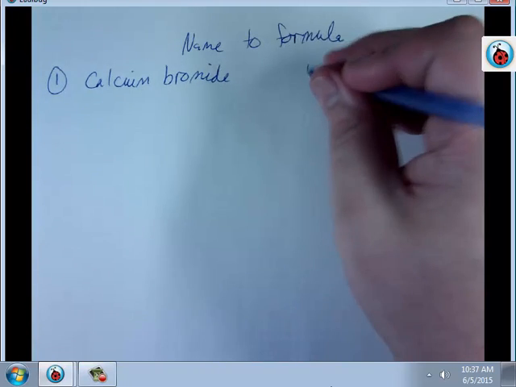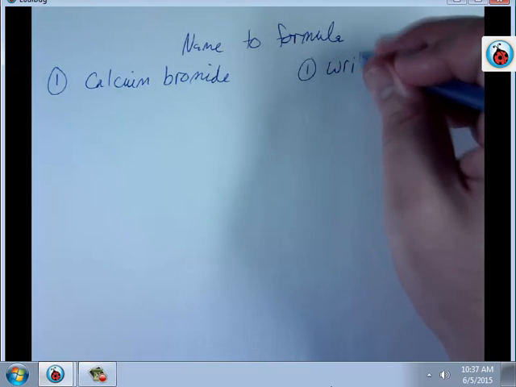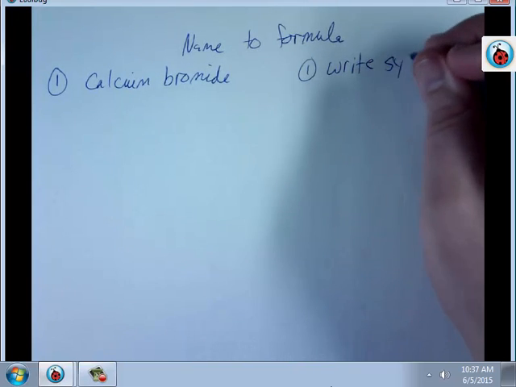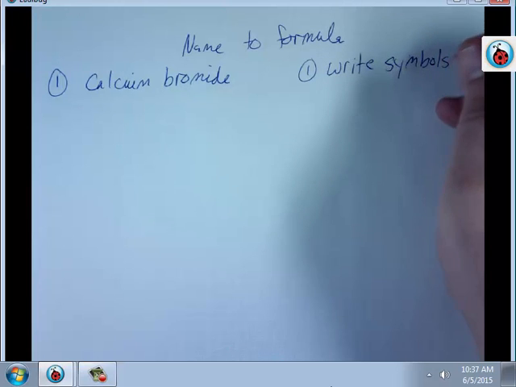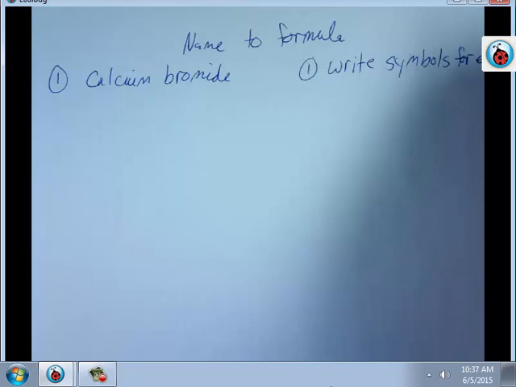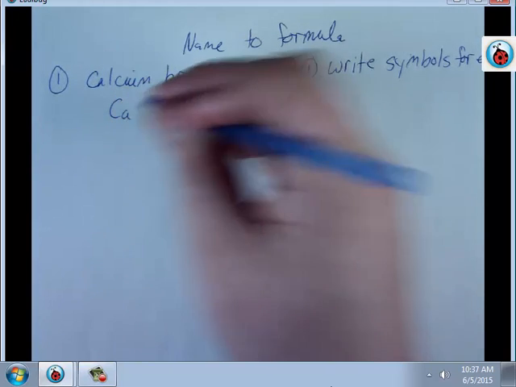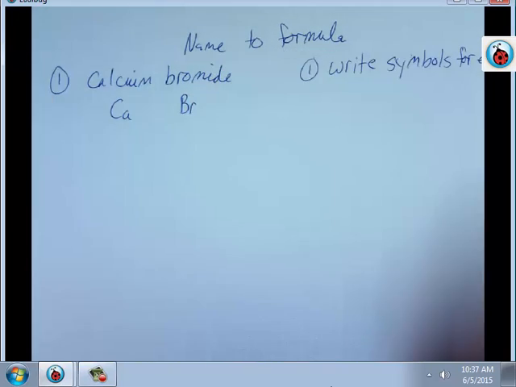First, write symbols for each. Calcium is Ca, bromide is Br. The ladybug symbol's in the way a bit.